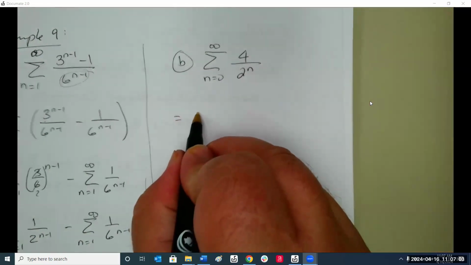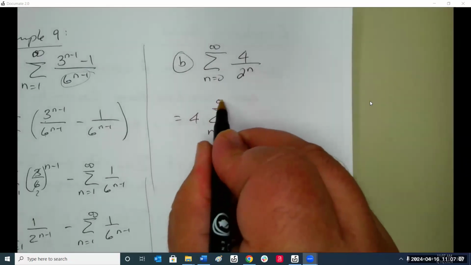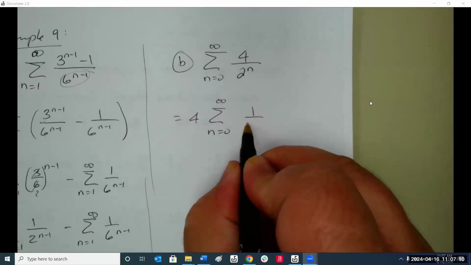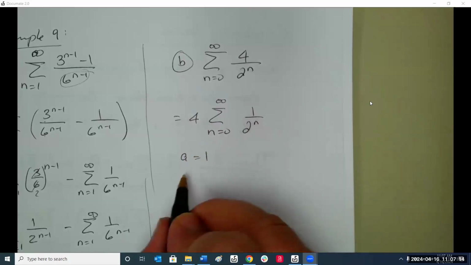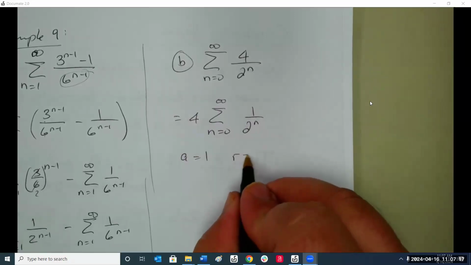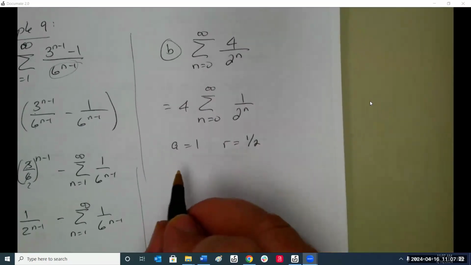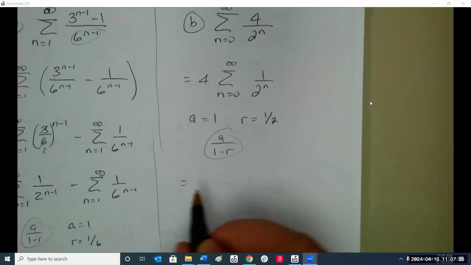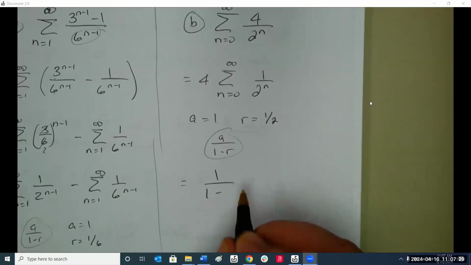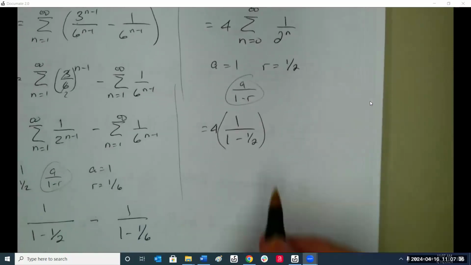This one we have a constant multiple on top. So we have (1/2)^n. A is equal to 1. R is equal to 1/2. So that becomes 1 over 1 minus 1/2 times the coefficient out in front.